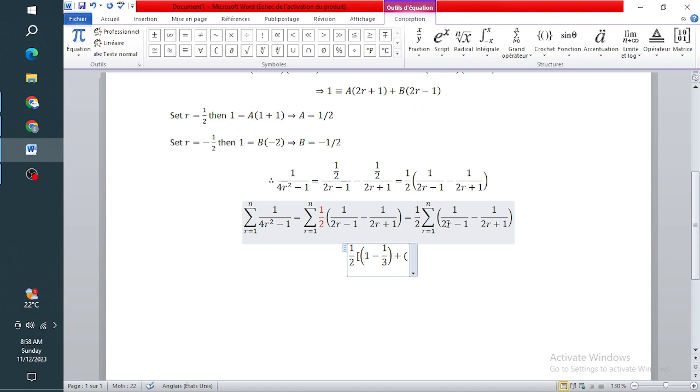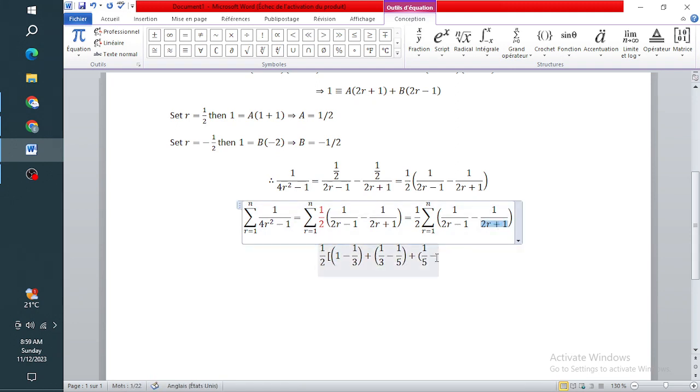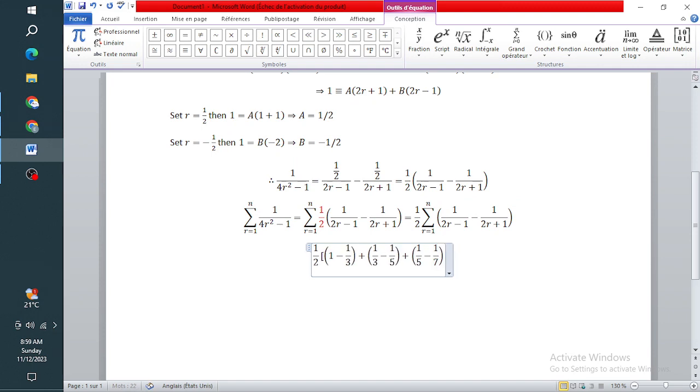When r is equal to 2, this becomes 4 minus 1, 3, so you have 1 divided by 3 minus, when r is equal to 2, we have here 4 plus 1, 5, so we have minus 1 divided by 5, plus when r is equal to 3, here we have 5, okay, so we have 1 divided by 5, minus, here we have 7, so we have 1 divided by 7, and so on and so forth.